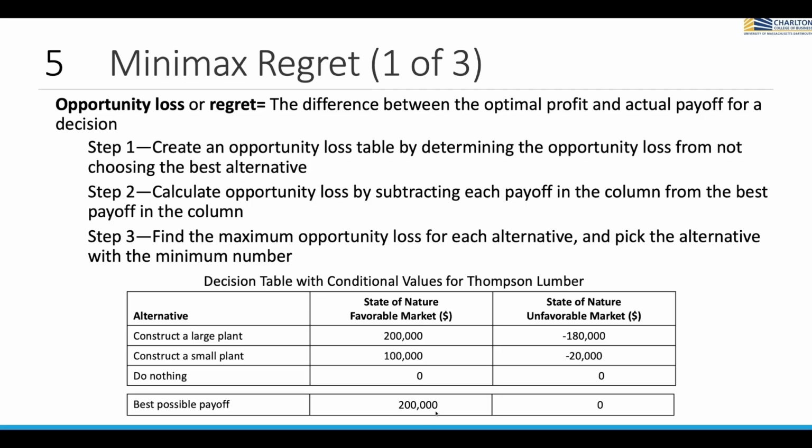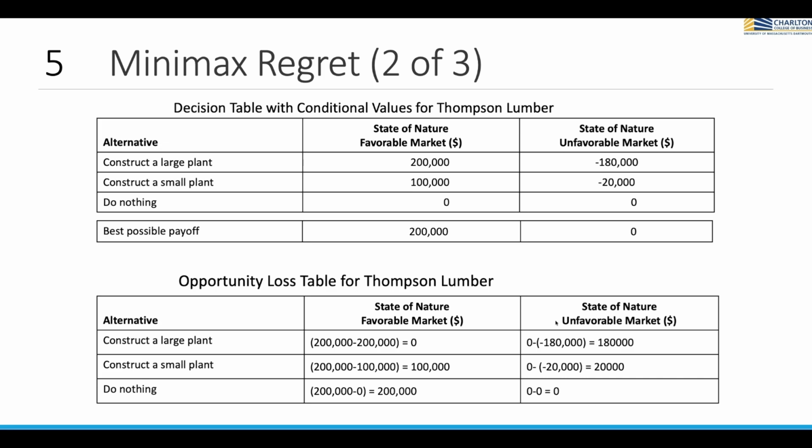That would be the best possible payoff under this state of nature. Under unfavorable market, the best payoff is 0. Between these three numbers, the maximum payoff is 0, and we need to do nothing actually. Now based on these two numbers, we can build the opportunity loss table or regret table.